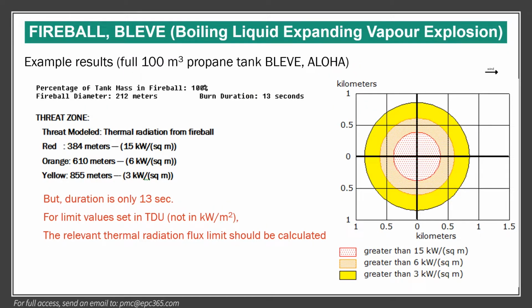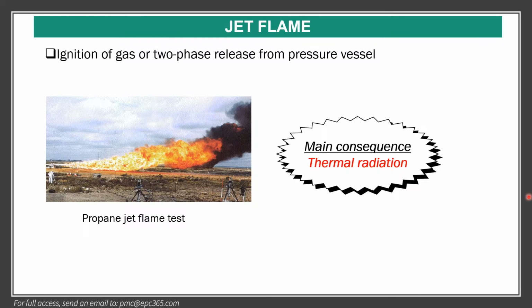The same things here. It is for 1,000 cubic meter propane tank. There is an exercise like this. You do it, and you will prepare yourself with your questions in our EPC 365 training workspace, or in our workshop. We discuss about this.